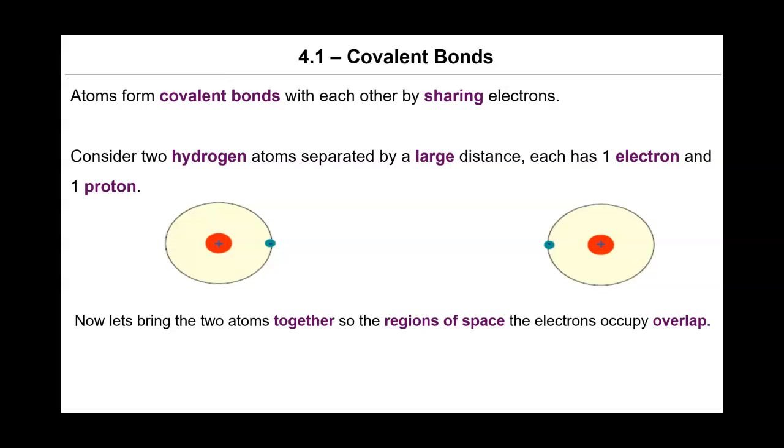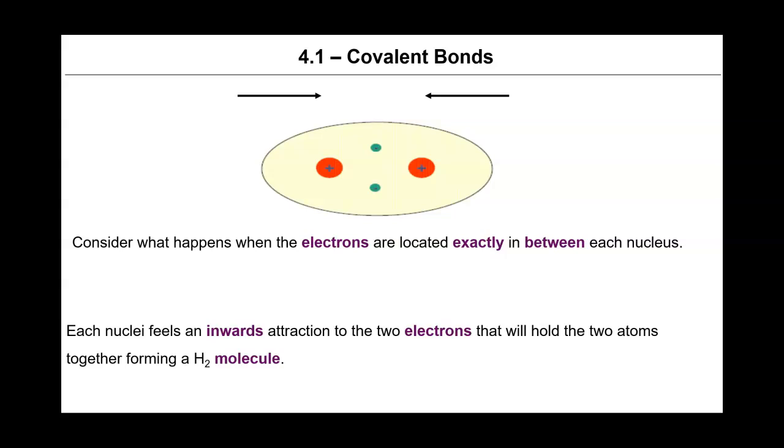So it's important to recognize that atoms form covalent bonds by sharing electrons with each other. If we think about 2 hydrogen atoms that are separated by a large distance, they each have 1 electron in a 1s orbital. If we bring these atoms together so that the 2 regions of space that the electrons occupy overlap, what we find is that the electrons take up a position exactly halfway between each nucleus.